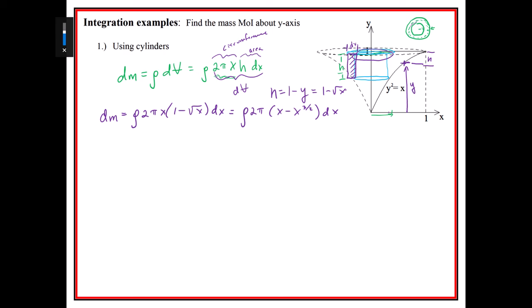All I've done is some algebra right there. Now my moment of inertia equation is going to be r squared dm, and in this case r is equal to x as it's drawn. And we're going to find this about y.